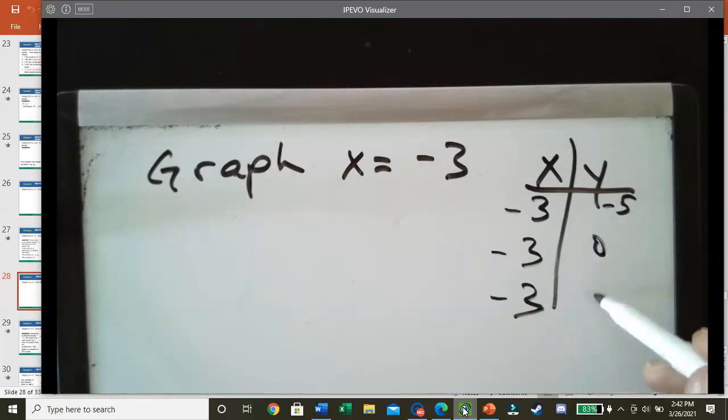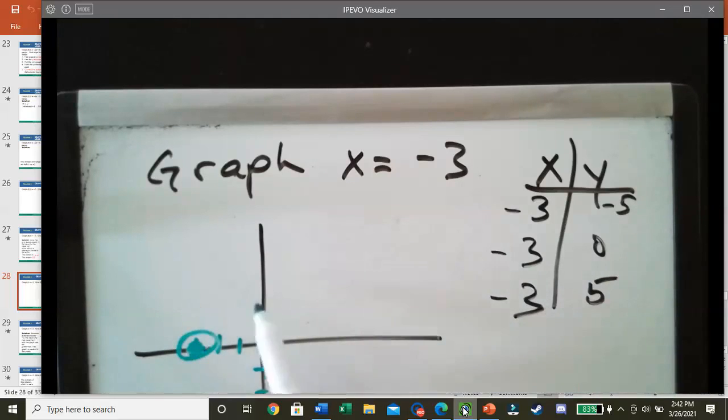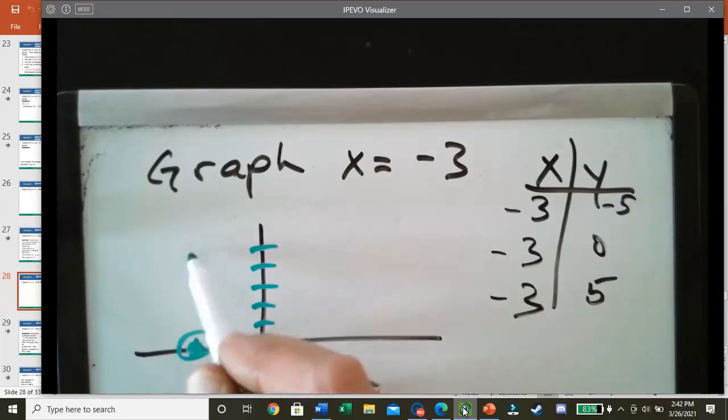-5, 0, we'll use -5 and +5 this time. So if we graph it, right, x is -3, y is -5. 1, 2, 3, 4, -5 for y. -3, 0. And x is -3, y is +1, 2, 3, 4, 5.